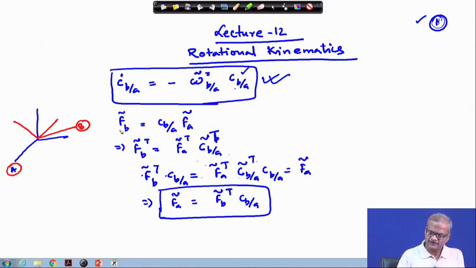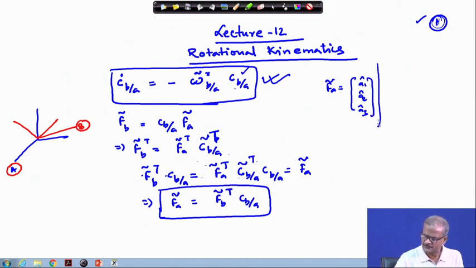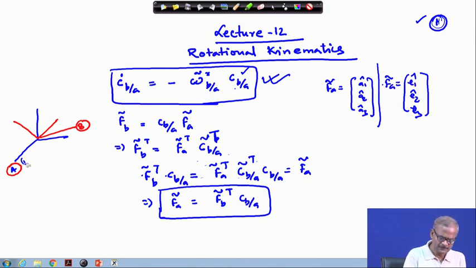If you remember, f A we have written as, let us say, A1 cap, A2 cap, A3 cap, or we can also write f A tilde equal to E1 cap, E2 cap, E3 cap. So, these are the unit vectors along direction 1, direction 2 and direction 3.